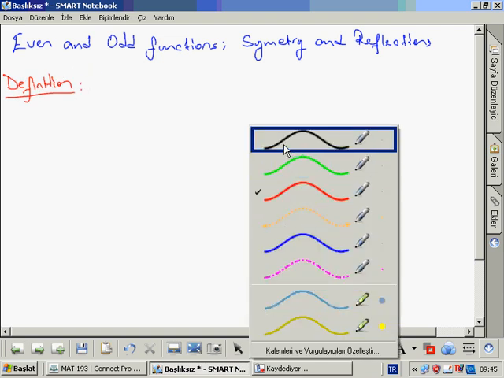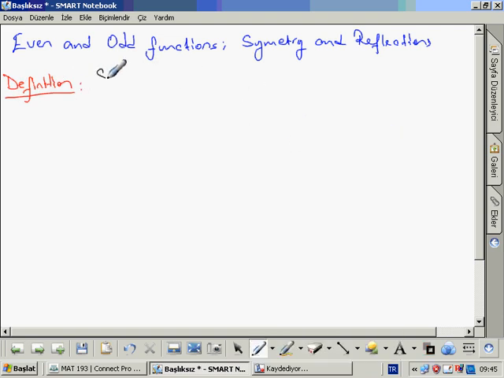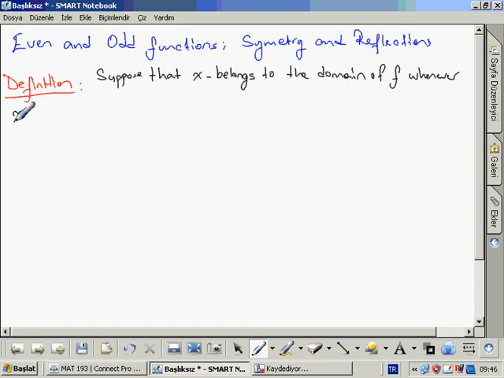Definition. Suppose that x belongs to the domain of f whenever minus x does.